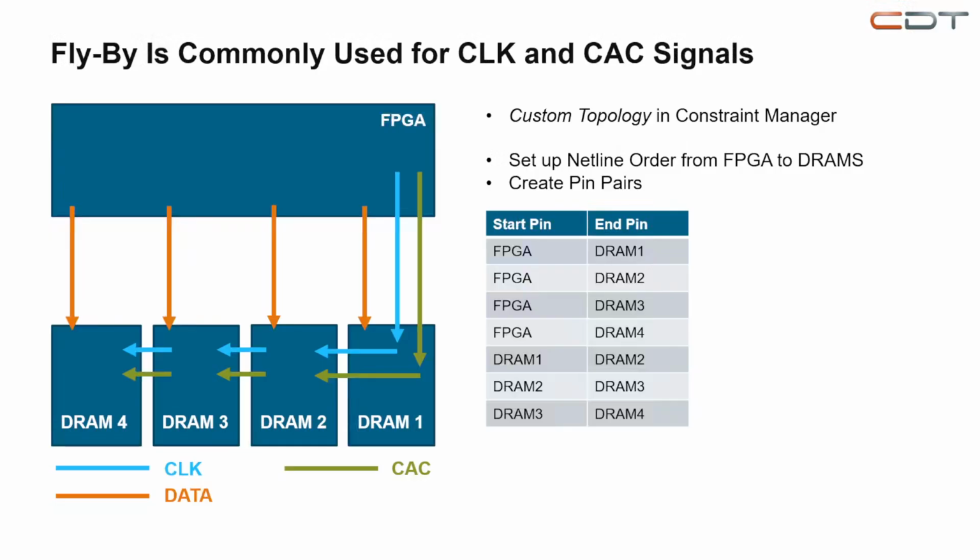And so when you look at your netlines in layout, it all looks correct and you can route your signals in the right order. Pin pairs are a little bit different. These are actual segments of that routing. So in this case, we are breaking down this clock and address signals. So we have different segments going from the FPGA to each DRAM and then between those DRAMs themselves.